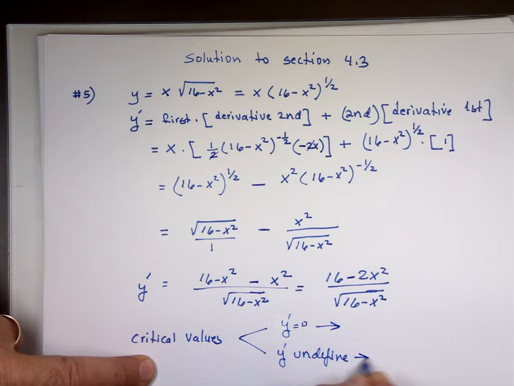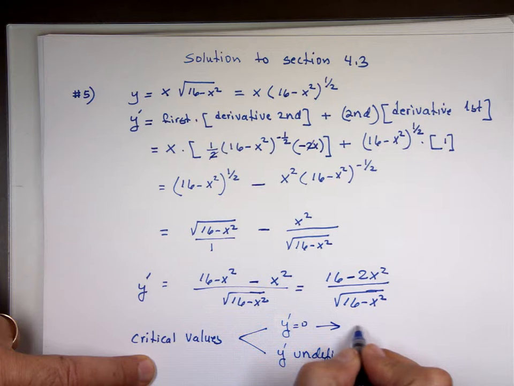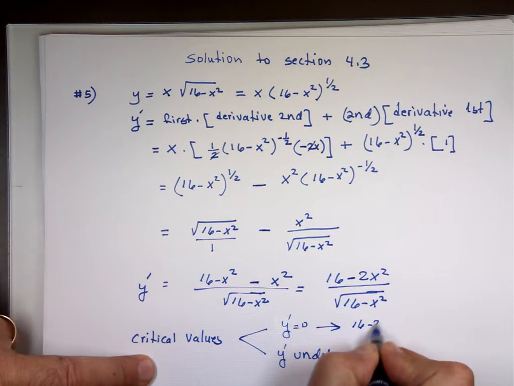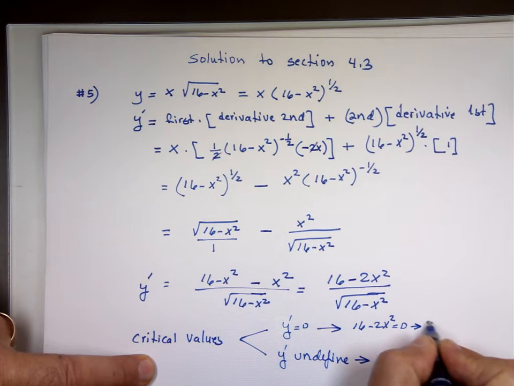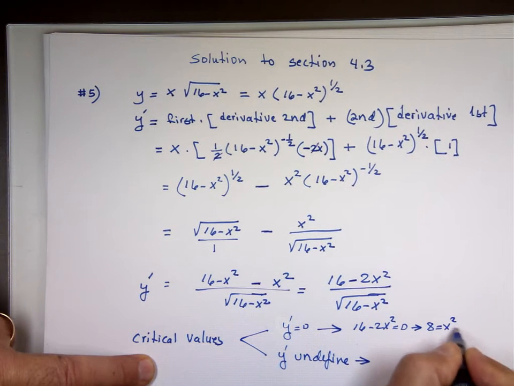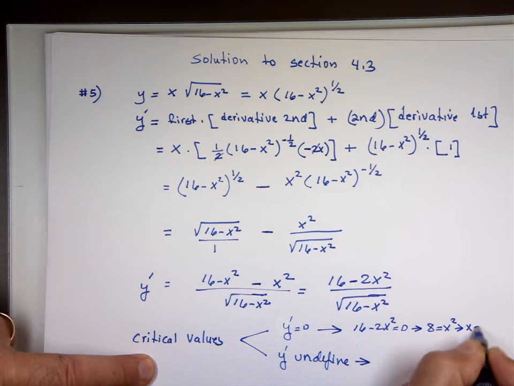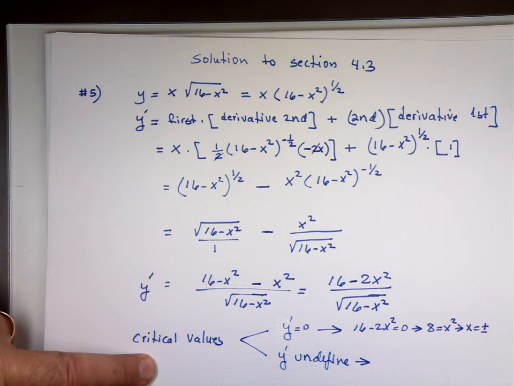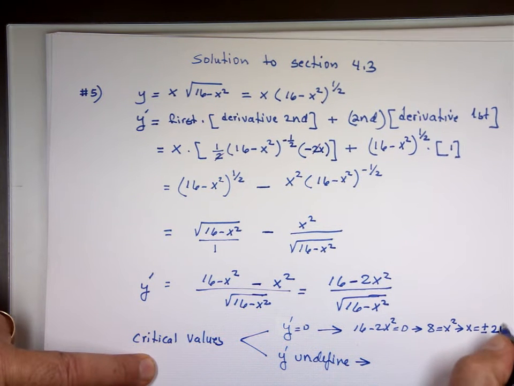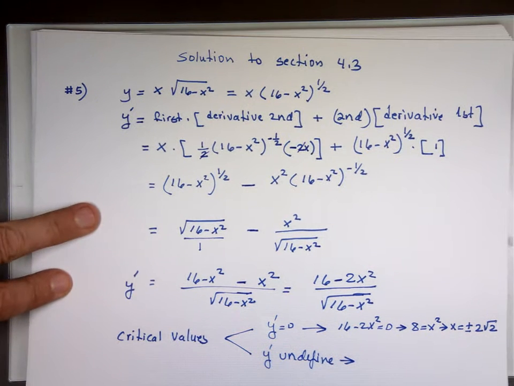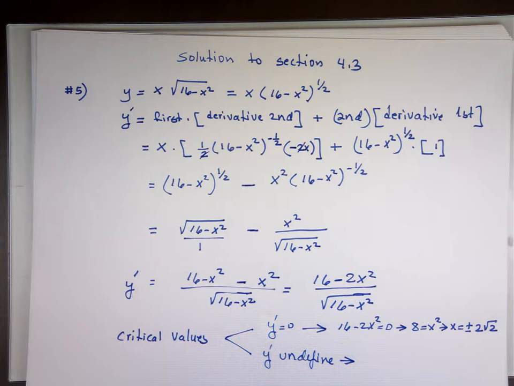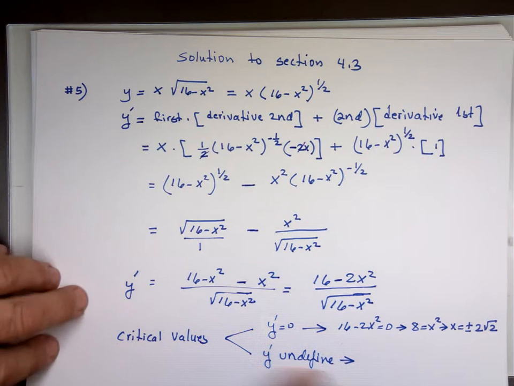For the derivative to be 0, that means what? 16 minus 2x squared has to be 0. Which means 8 equals x squared, which means x equals plus or minus the square root of 8, which, if you simplify it, is 2 radical 2.